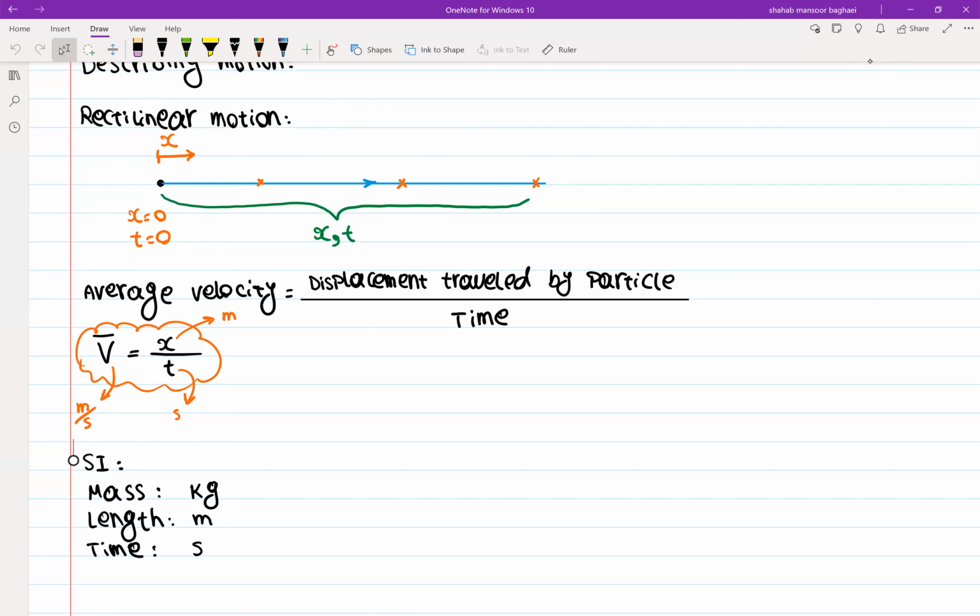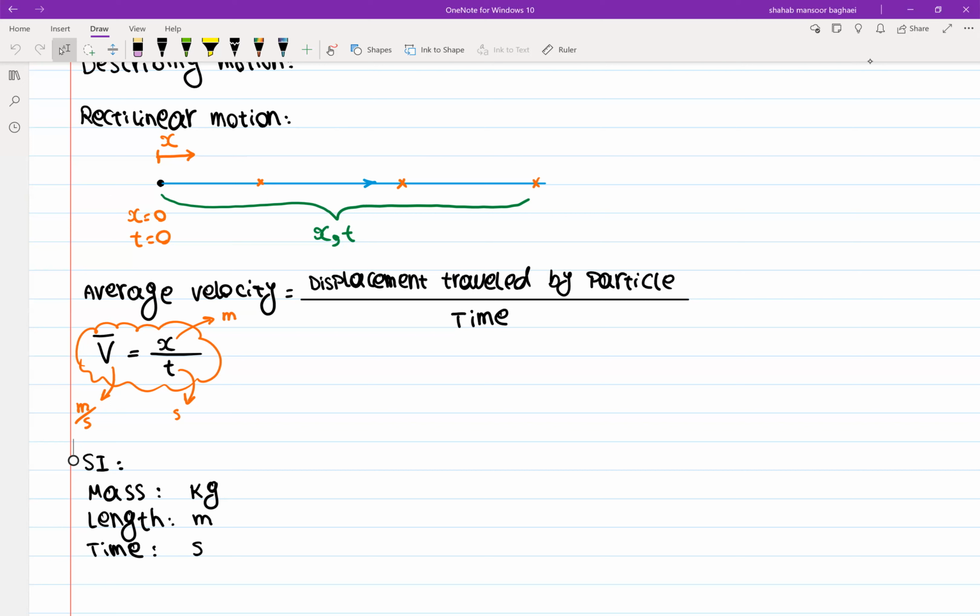Average velocity should be used for the whole motion. We don't care what's happening in each time interval. It doesn't matter, because we should focus on the whole motion from the initial position to the last position. Therefore, we can follow this equation to find V bar.